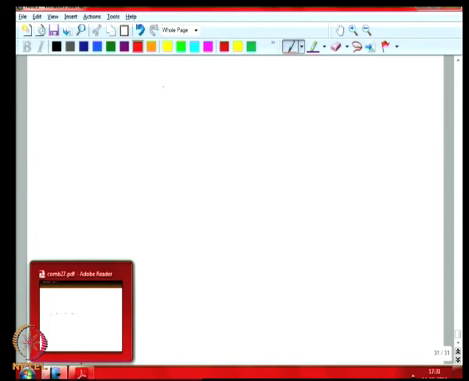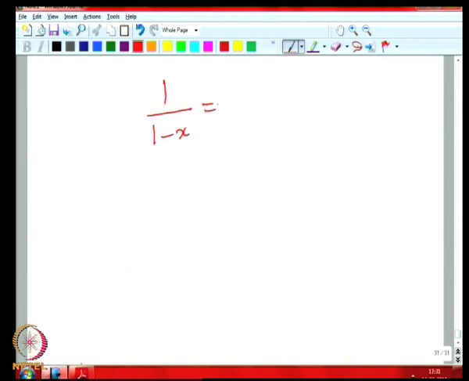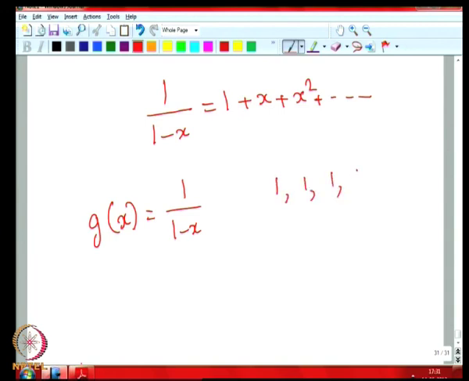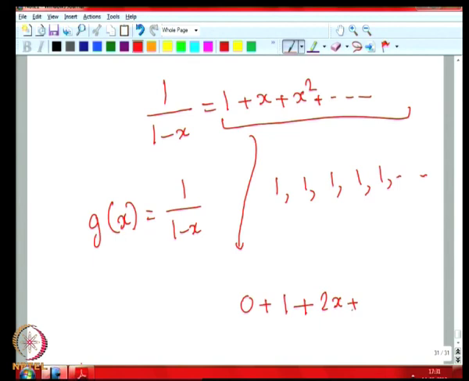This g of x equal to 1 by 1 minus x is the generating function of the sequence 1, 1, 1, 1, etc. Now if you differentiate this, you will get 0 plus 1 plus 2x plus 3x square and so on.